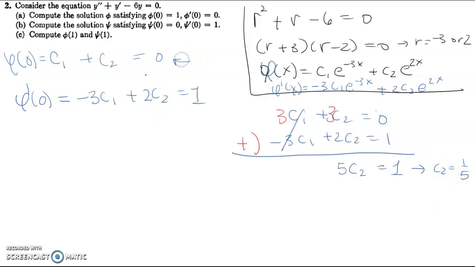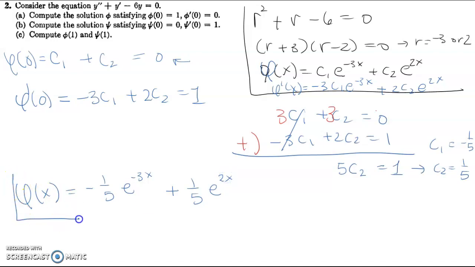From the first equation, if c2 is 1 over 5, c1 is negative 1 over 5, because these two numbers have to add up to 0. So we have psi of x equals negative 1 over 5 e to the power of negative 3x plus positive 1 over 5 e to the power of positive 2x.